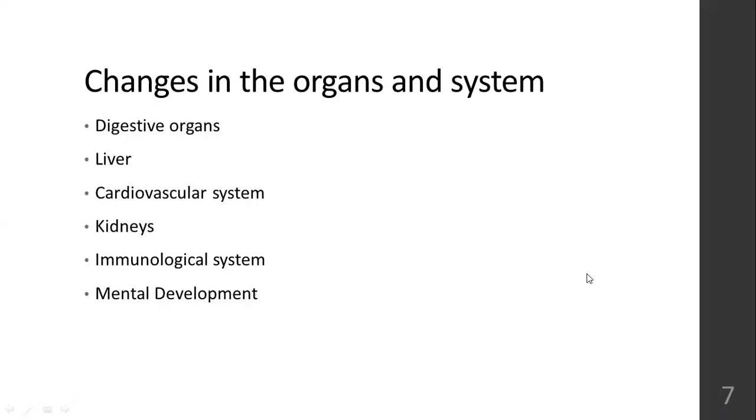Protein, cholesterol, lipids are required for the production of brain cells. Okay, they are made up of fat. So that is required. Those new brain cells will not develop and that will lead to mental dysfunction, mental retardation. Okay, these things can happen.